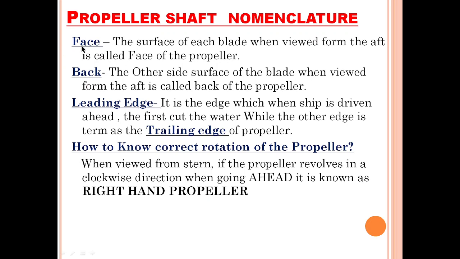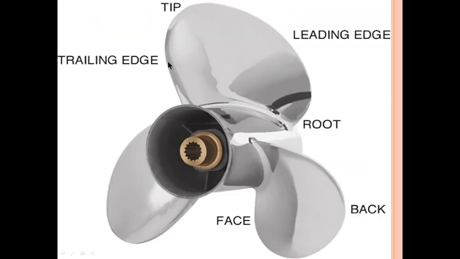So what is the face of a propeller? The surface of each blade when viewed from the aft is called the face of the propeller. As you can see, if we view from the aft side, the back portion of the propeller is called the face of the propeller.